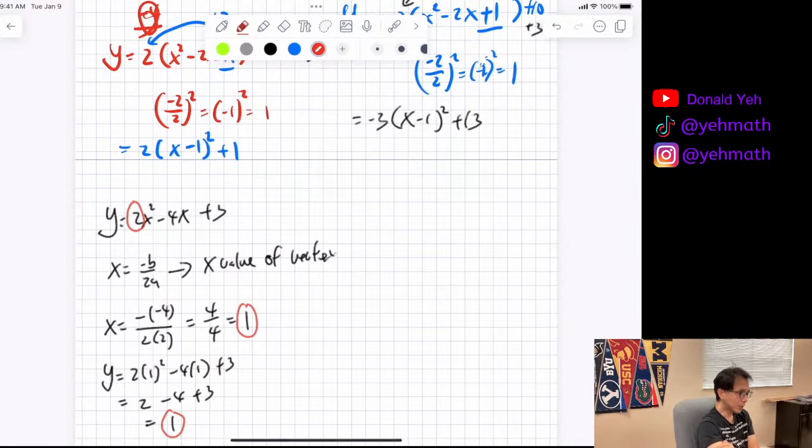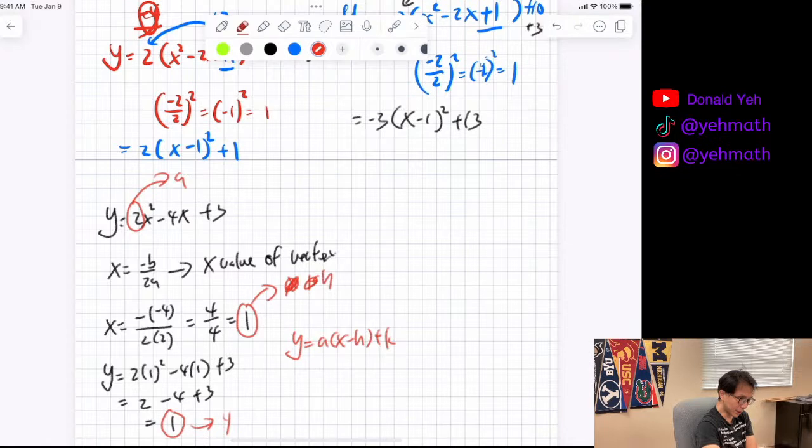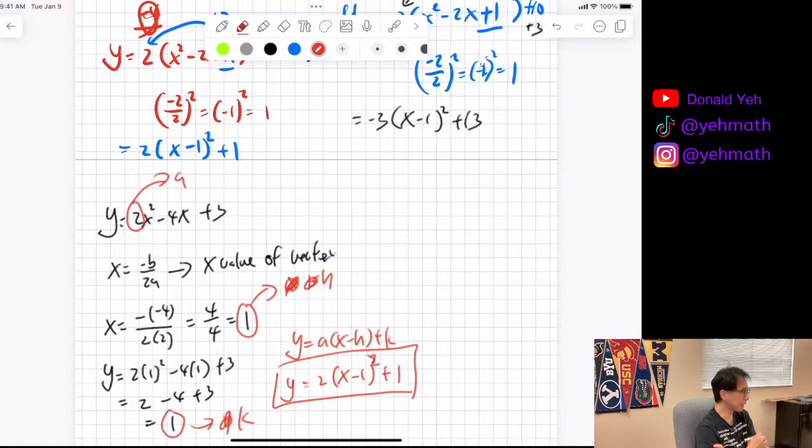Why? Because 2 represents a, this represents the x, and this represents the y of the vertex. So can I change to this form? Sorry, this is an h, not k. h, and this is k. So can I change that? 2 times x minus 1 squared plus 1. And that's it, done. I can change it to vertex form using axis of symmetry.